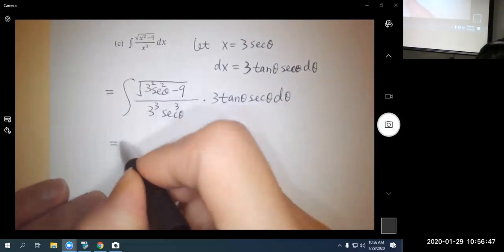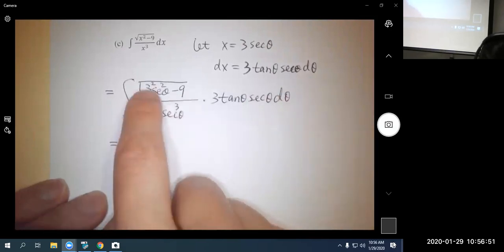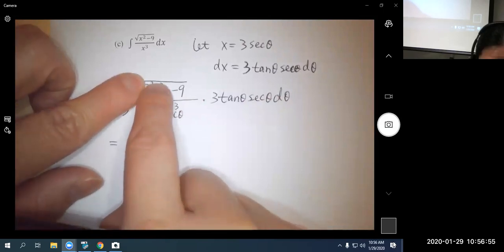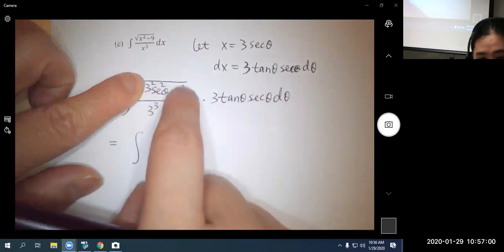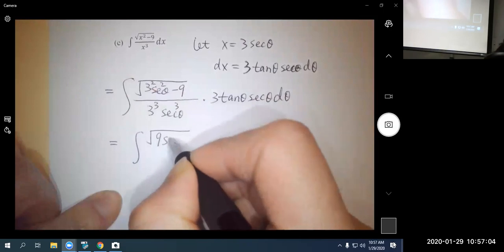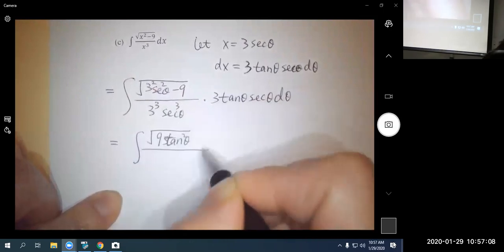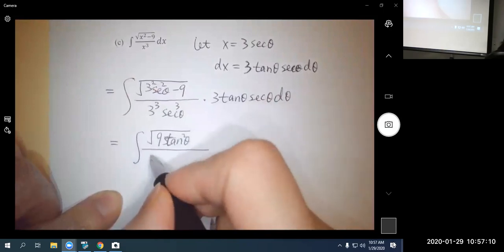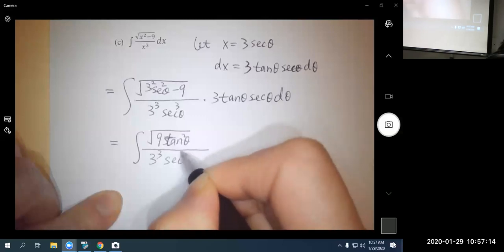Okay, here, 3 squared or 9, we can pull out in front of the secant theta squared minus 1. Secant squared minus 1 is tangent theta squared, right? So this is square root of 9 times tangent theta squared, divided by 3 to the cube secant theta to the cube.